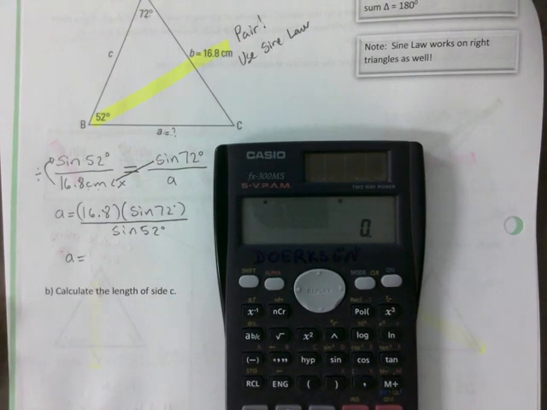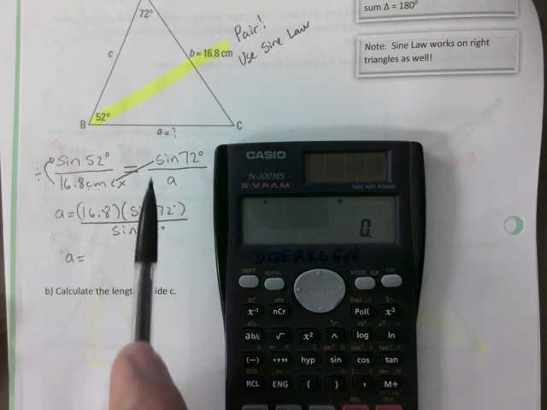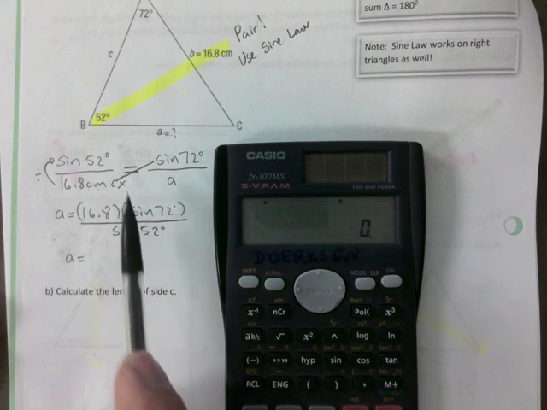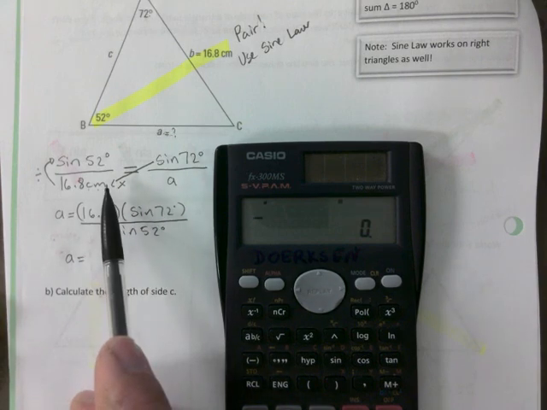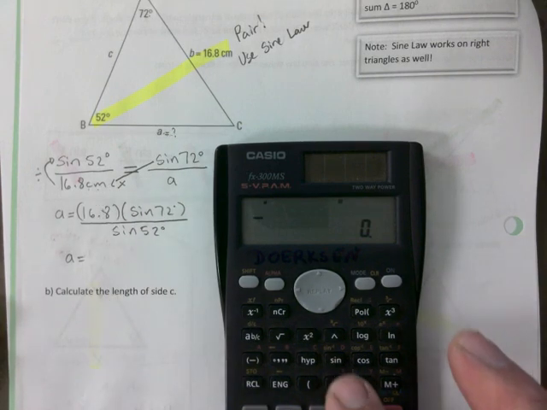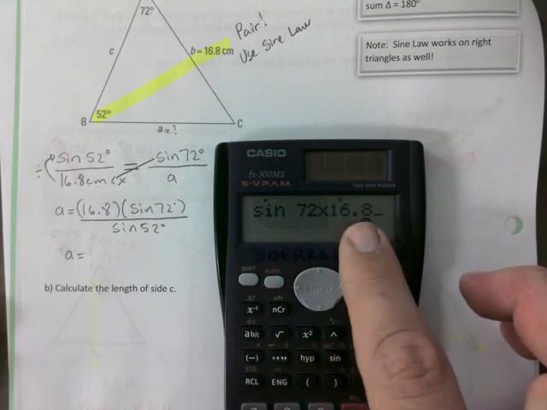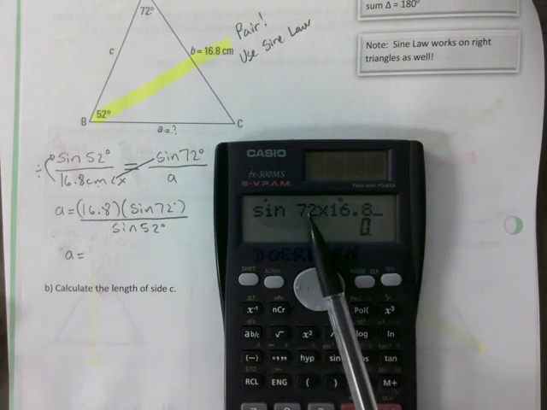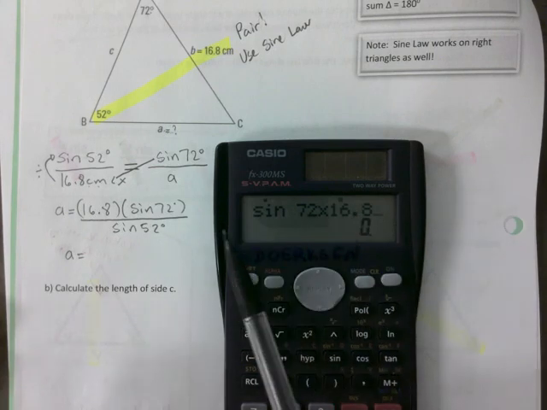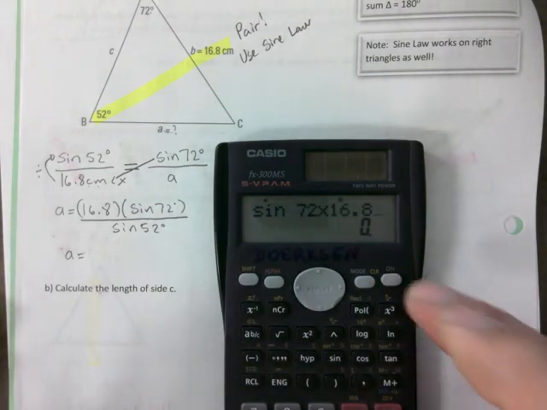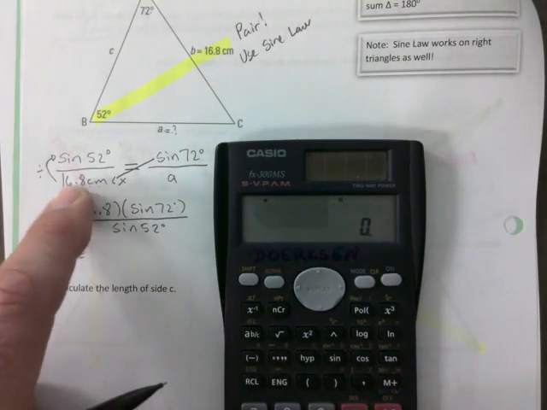So here we go. Mr. Dirksen, why didn't you put sine of 72 first and then 16.8 next? Like when you write this out, why is that? I'm just careful because watch, if I go sine of 72 times 16.8, like if I type it in like that, I'm scared that the 72 is going to multiply and then the sine is going to happen. So to avoid that issue, I first start with this number.